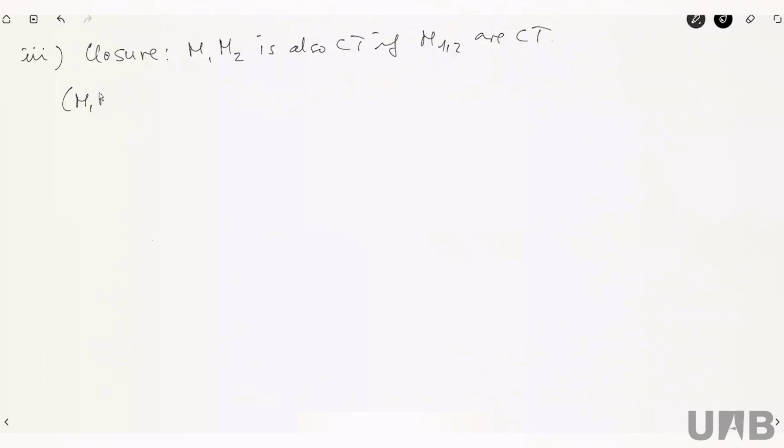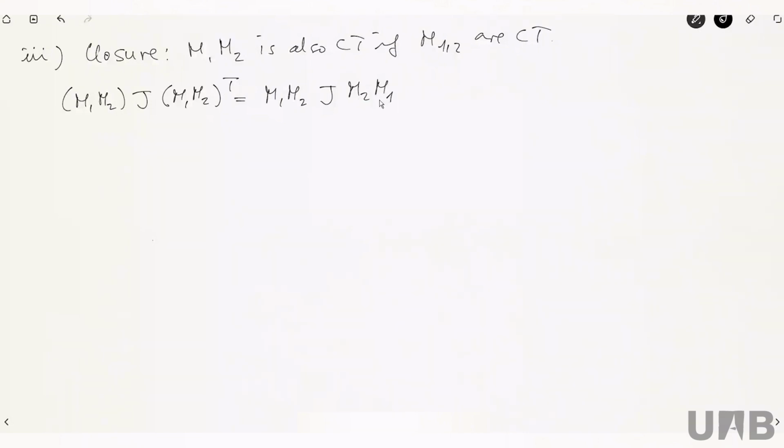M1 M2 times J, M1 M2 transpose. Wait a minute, what am I doing here? This is not right. Sorry, so this is M1 M2 times J, and here M2 transpose, M1 transpose.